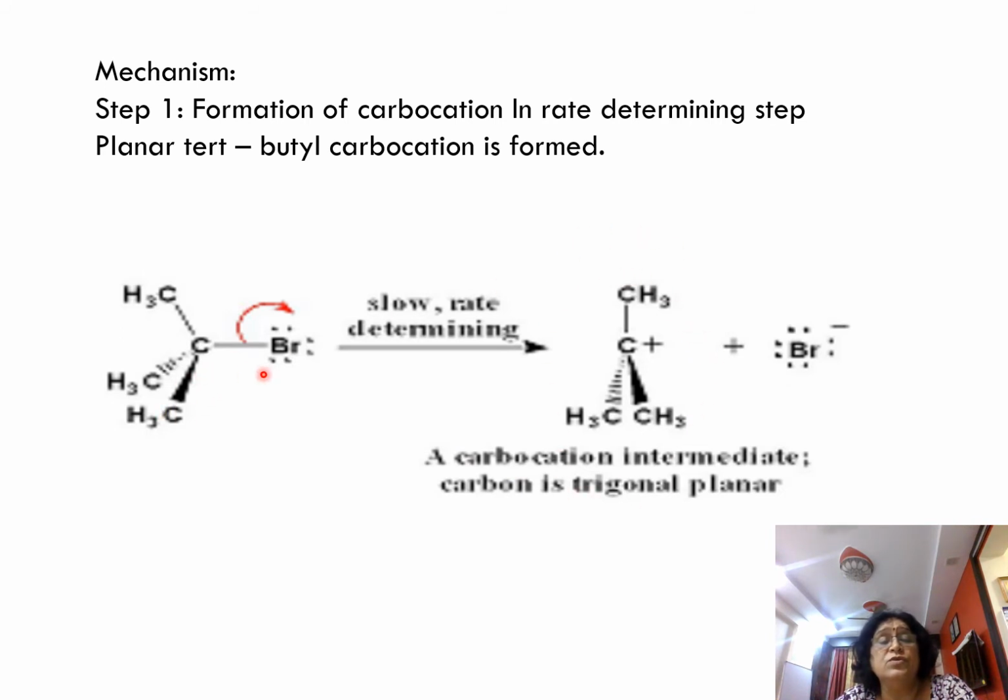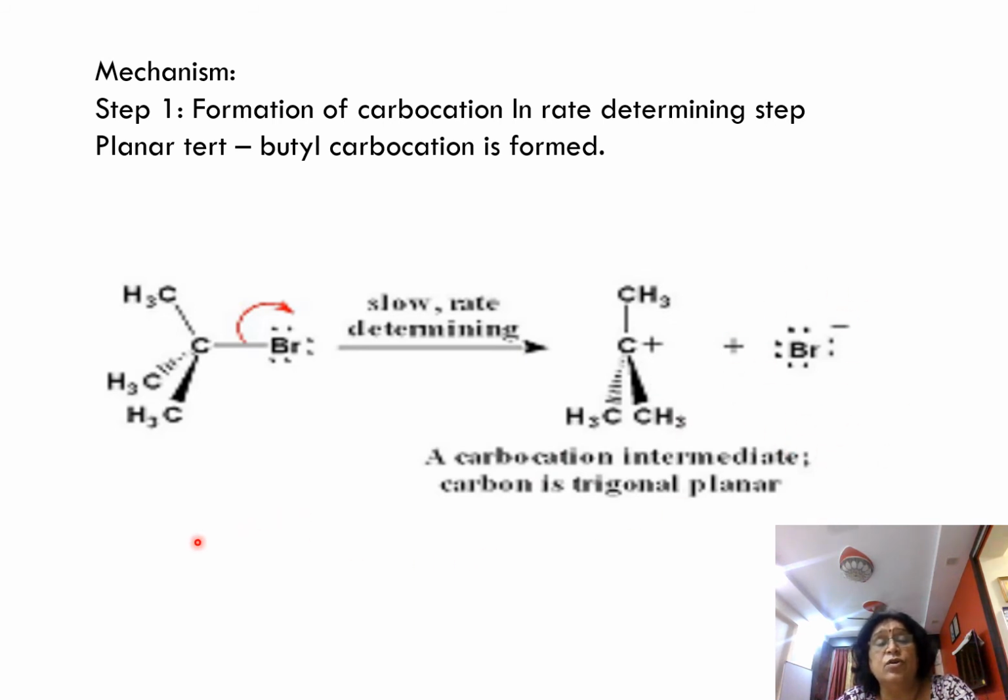Here you see the carbon-bromine bond breaks. The carbon-bromine bond is a polar bond because bromine has more electronegativity than carbon, so bromine gets a delta negative charge and this carbon gets a delta positive charge. When the nucleophile approaches, this carbon-bromine bond breaks and a carbocation is formed, and bromide is the leaving group.